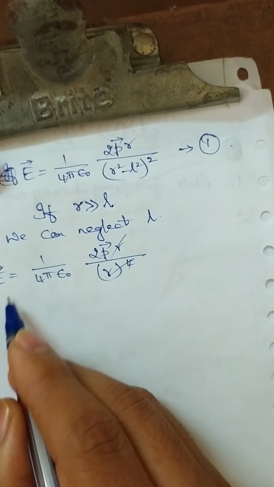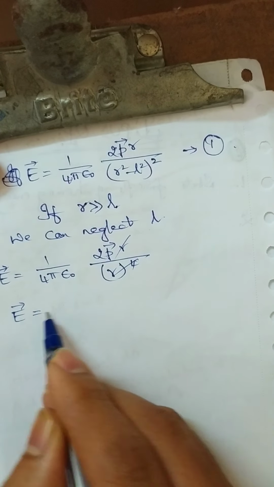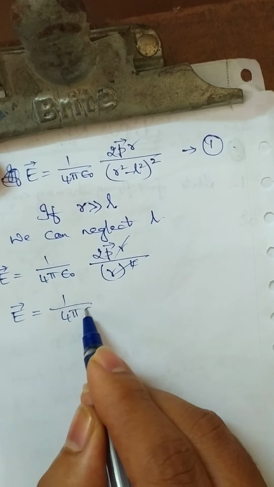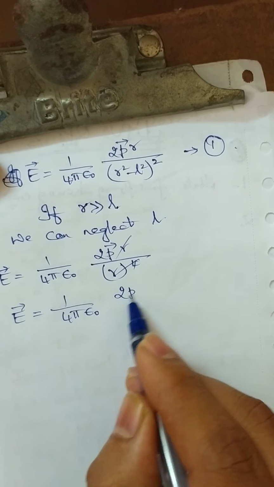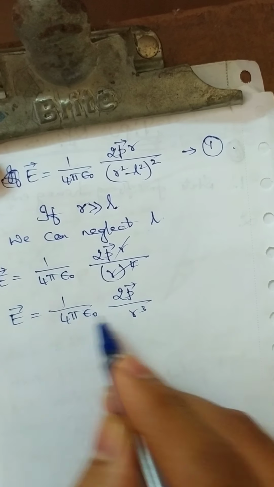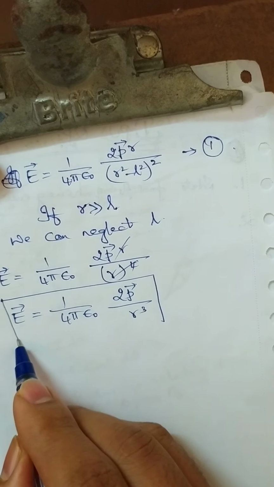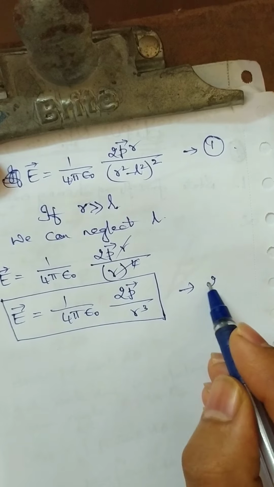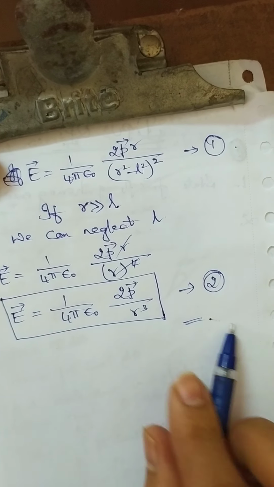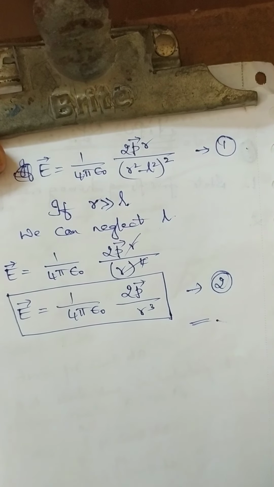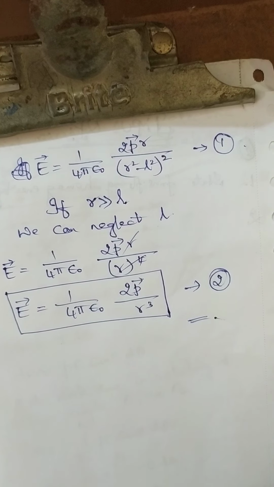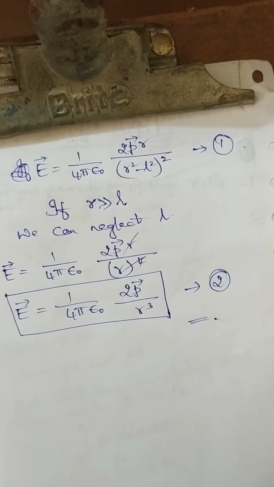So one r gets cancelled, so vector E is equal to 1 by 4 pi epsilon naught into 2 p vector divided by r cube. So this is the expression. Okay, so this is equation 2. Is it fine? So this is regarding the electric field at a point on the dipole axis.